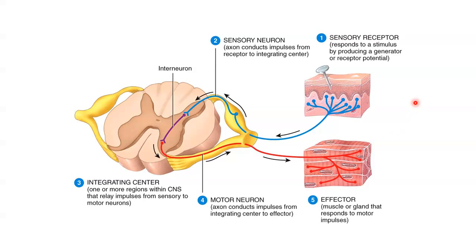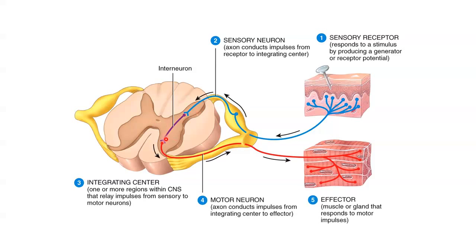It will then cause a graded potential, and if that graded potential reaches threshold, it will trigger an action potential along the sensory neuron. So a sensory neuron is then our second component, and it transmits that action potential, that sensory information, along the sensory neuron. Remembering the cell bodies of our sensory neurons sit in that posterior root ganglion.